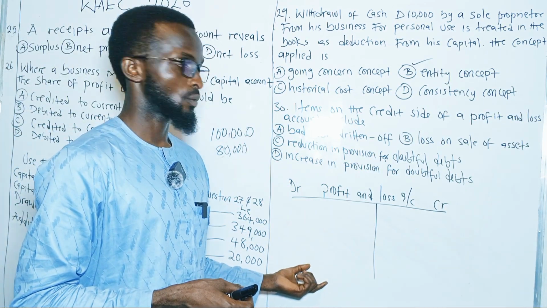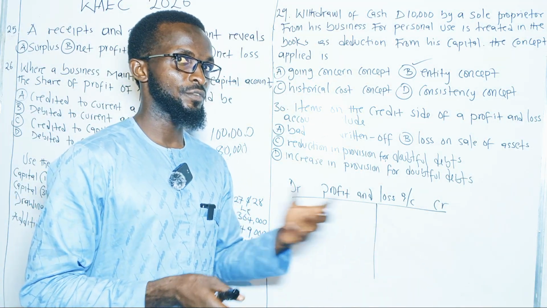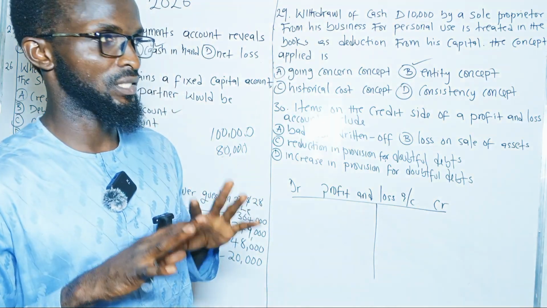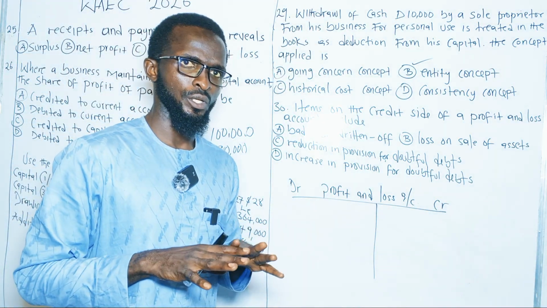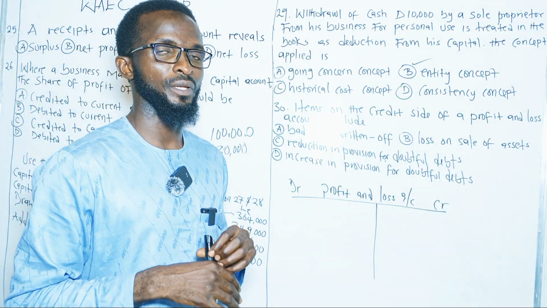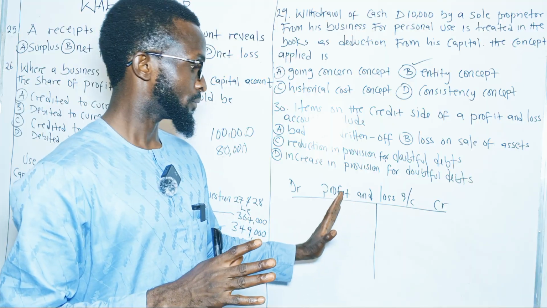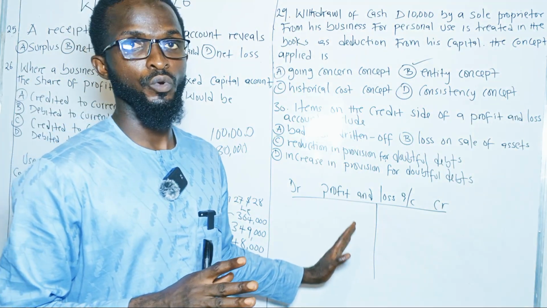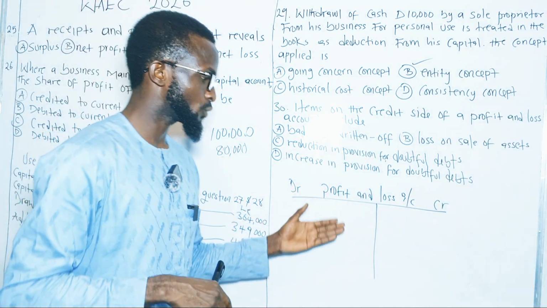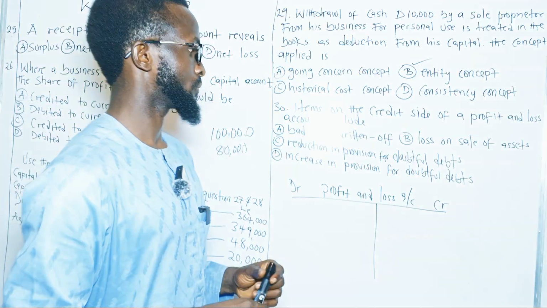All incomes go to the credit side. This is different or odd from the normal rule of accounting that says debit the receiver, credit the giver. If you want to know the reason, scroll down through this channel. You are going to see a video I made, classes of accounts. You are going to know why profit and loss account is treated this way. So expenses go to debit side, income goes to credit side.